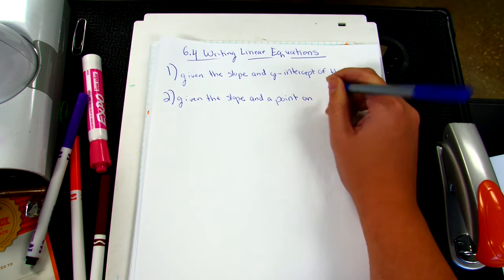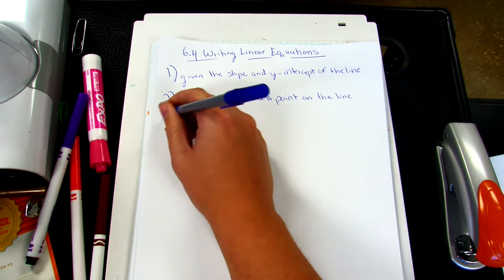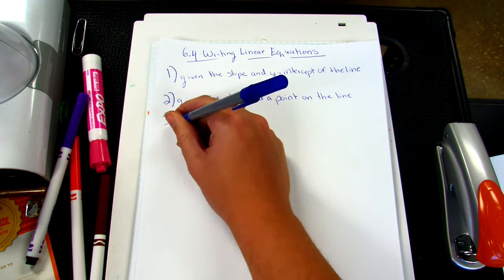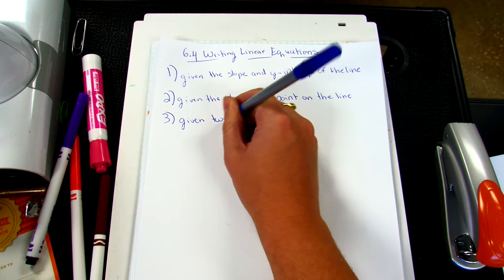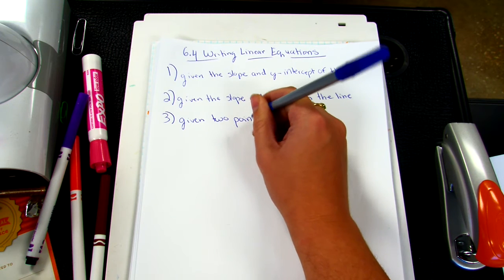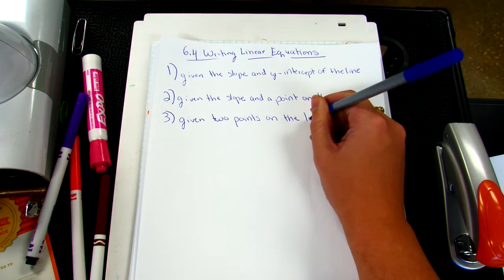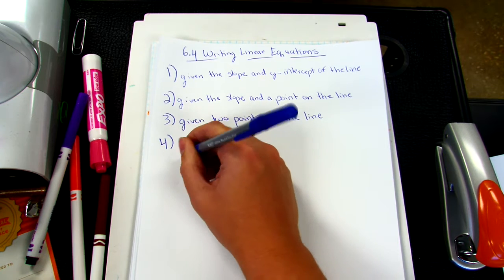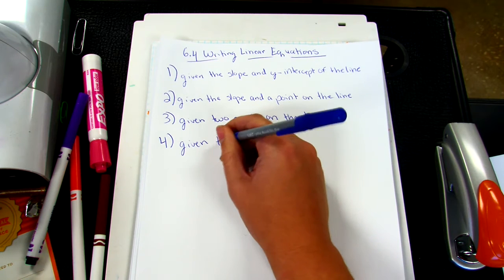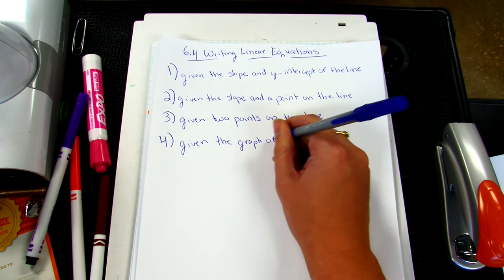So not the y-intercept, but just a point. Our third situation is when we are given 2 points on the line. And then the fourth situation is when we are given the graph of the line.